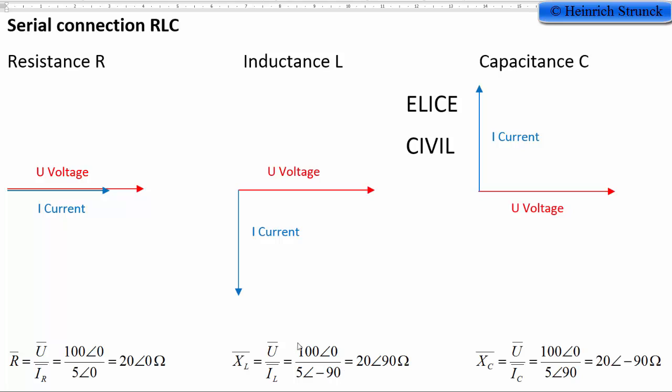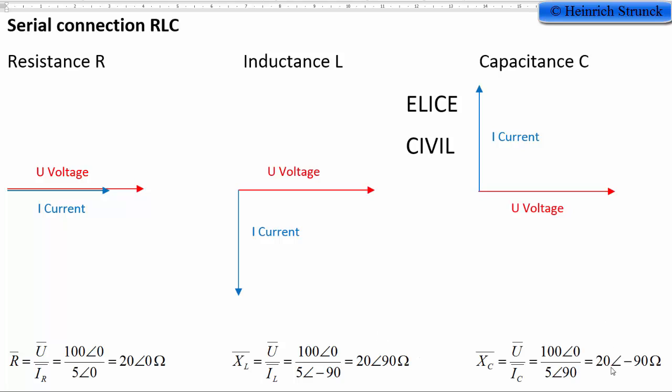So if we make this calculation we still have the value of 20 ohms, but the direction is 90 degrees. We also could have the current as the reference, at 0 degrees, but then the voltage is at positive 90 degrees, and the reactance is still positive 90 degrees when we have an inductor.